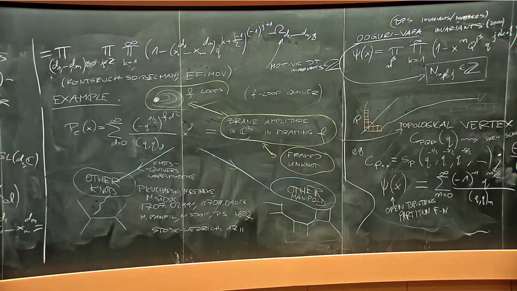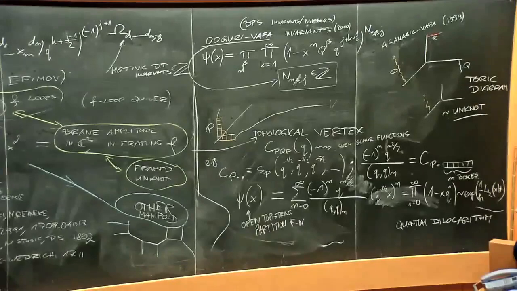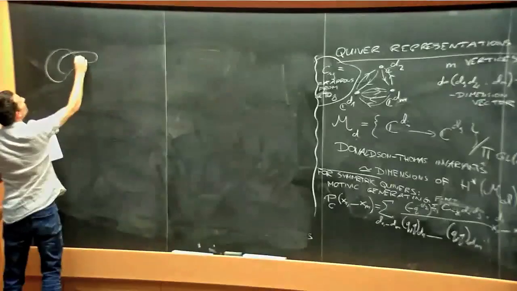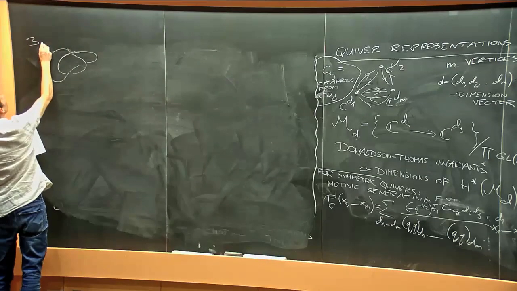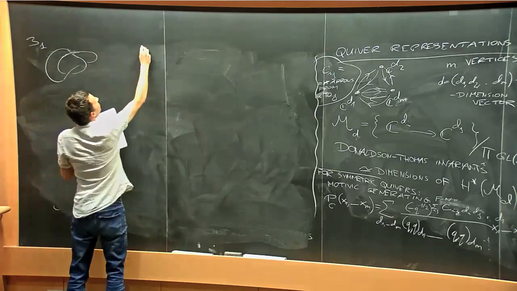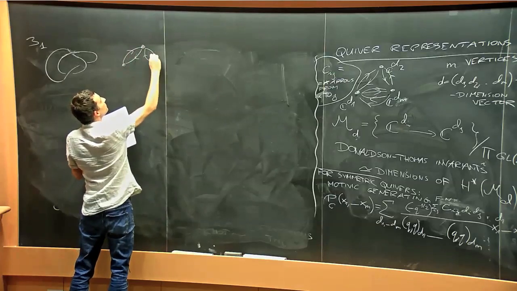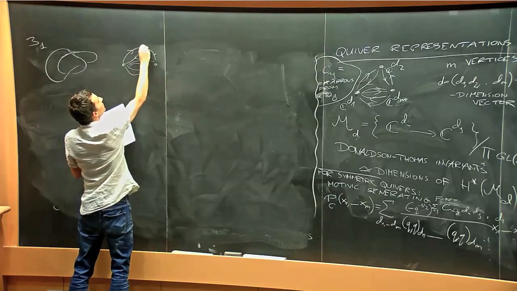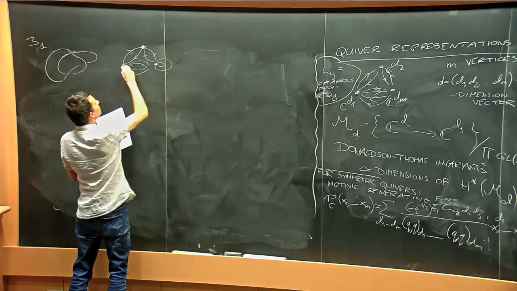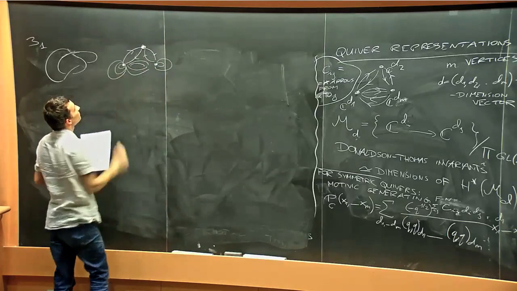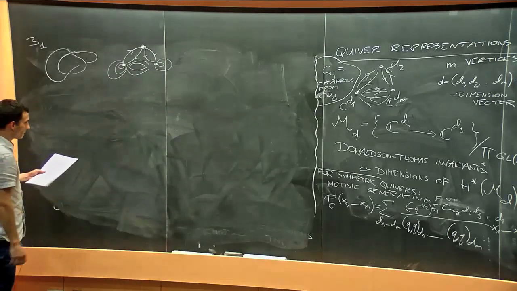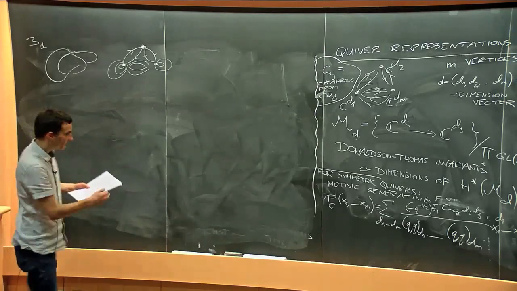If we think of knots, you may take the next to simplest knot, which is the trefoil. In this case, the corresponding quiver looks like this. It has 0 loops here, but 2 loops here, and 3 loops here. That's one example.